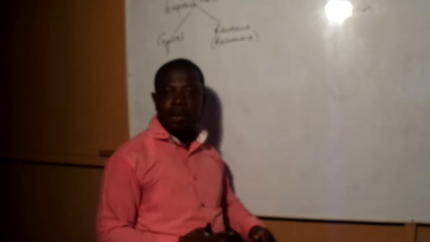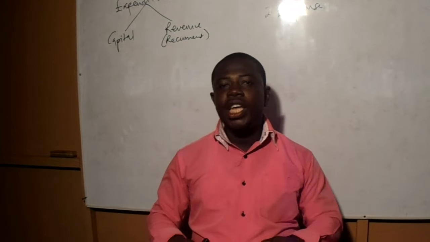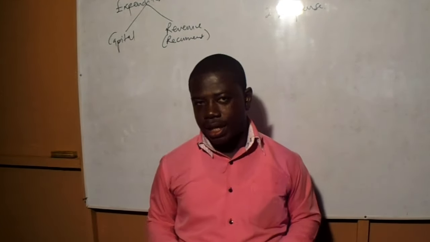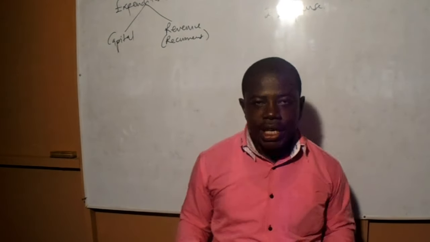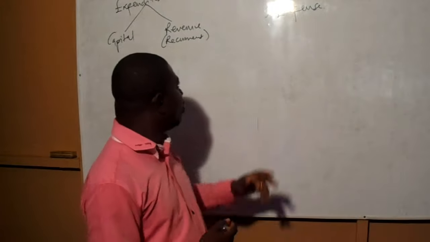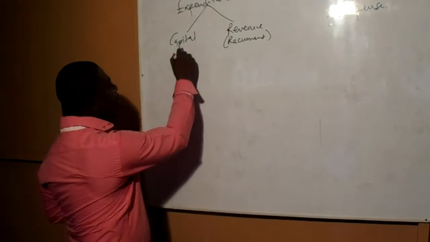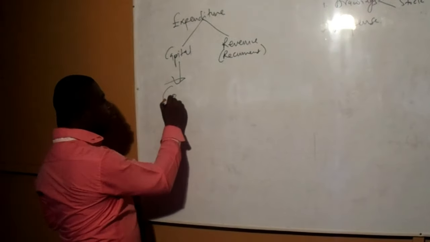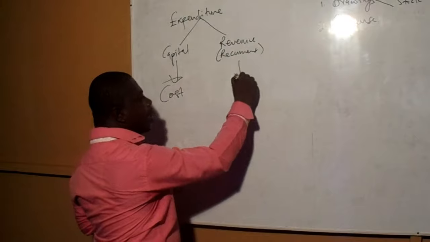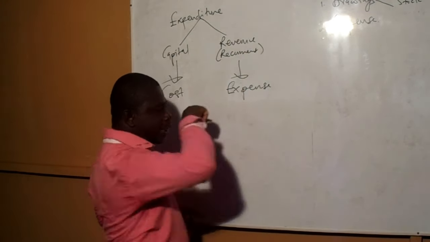Now, revenue expenditure, on the other hand, is expenditure that we incur to maintain the value of an asset. So once we are not improving it, we are not acquiring a new asset, but we are just maintaining the value, then we call it a revenue expenditure. Now, capital expenditure is what we call cost in financial accounting, and then revenue expenditure is what we call expense in financial accounting.